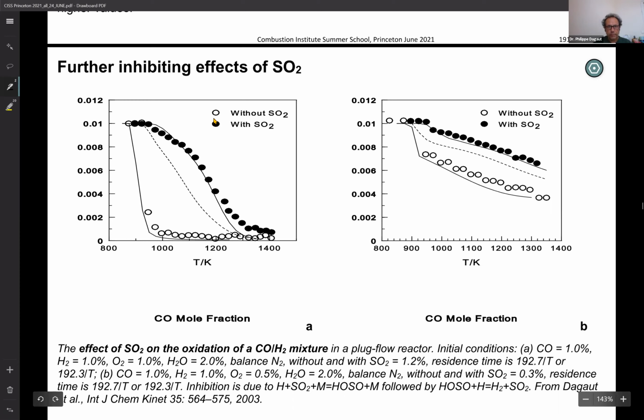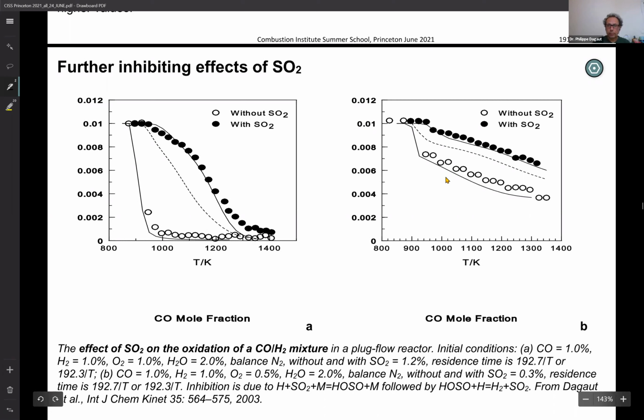And if we oxidize this mixture without SO2, you see that at around 950 K, all the fuel is gone. But when we introduce 1.2% of SO2 in the system, there is a strong effect here, a shift by, well, more than 200 degrees almost.